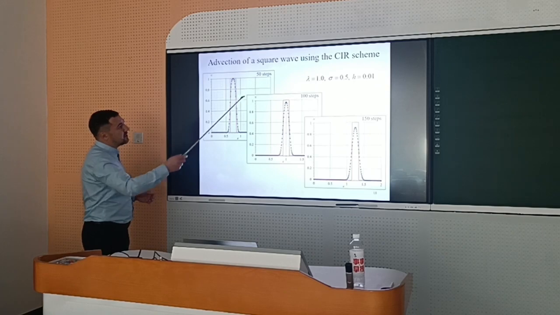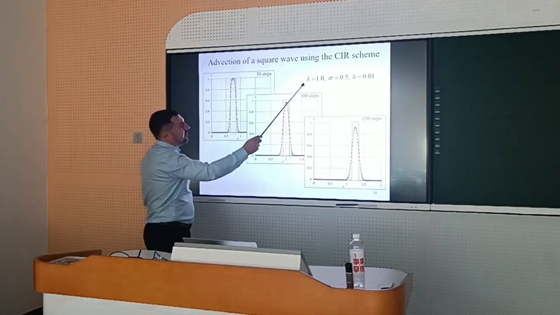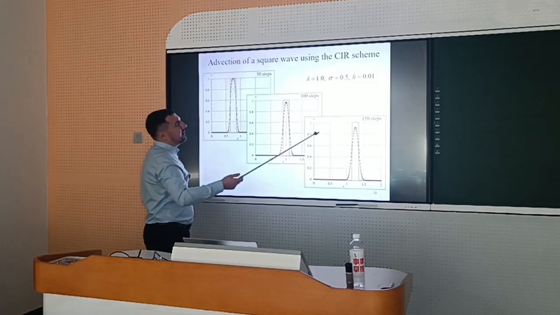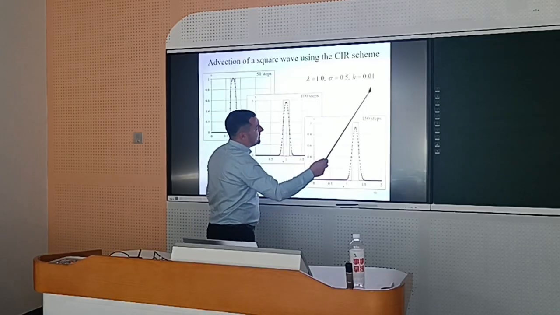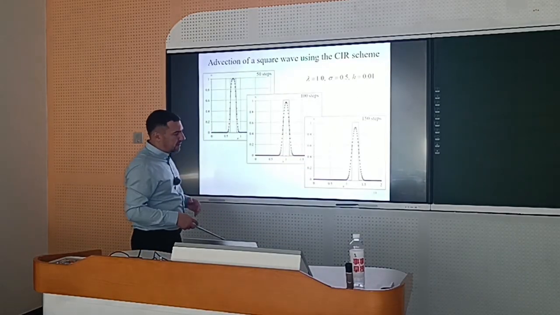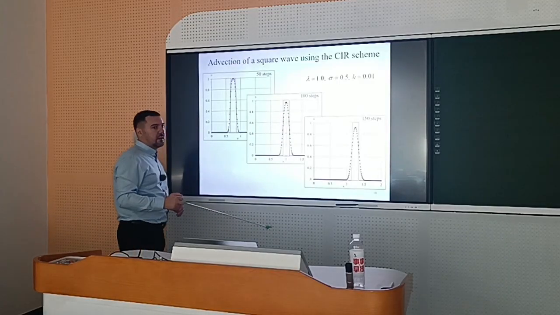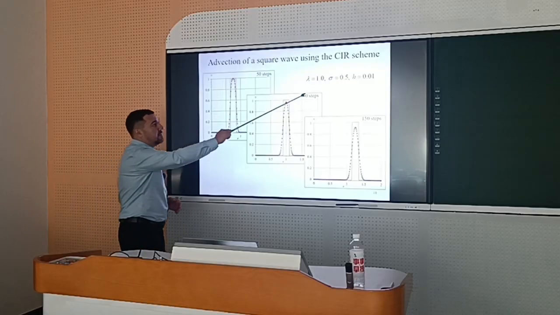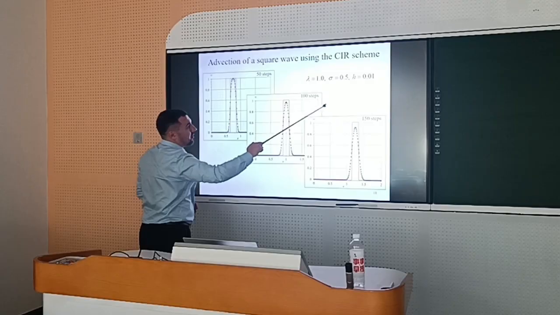So consider the Courant-Isaacson-Rees scheme. Suppose we solve the equation du over dt plus du over dx, so lambda equals 1, h is 0.01. Usually the simulations for this linear advection equation are carried out using some constant value for the Courant number. So suppose sigma equals 0.5. Once again, sigma is lambda tau over h.